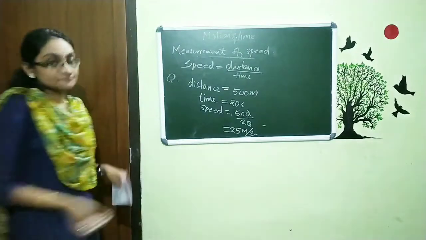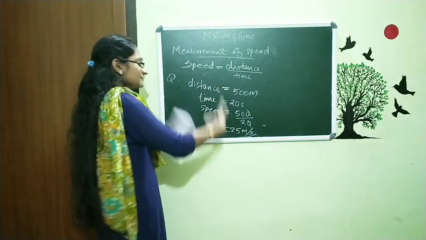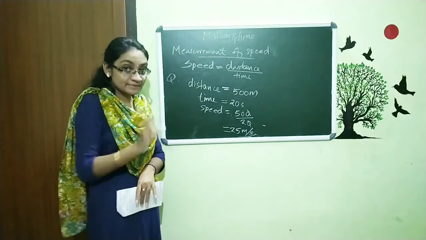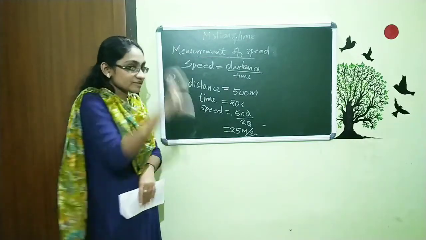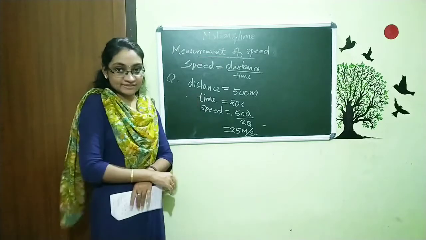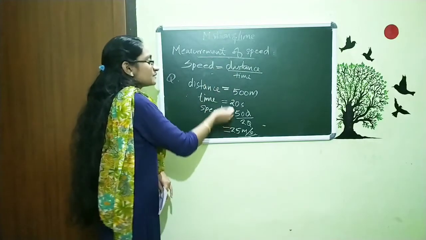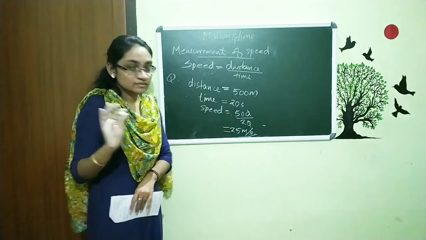This is the speed, 25 meter per second. Here we are just writing the values. When you are doing a mathematical problem, first read the question, then write what things are given in the question. Then after, write the equation and then put the values and finally write the answer.